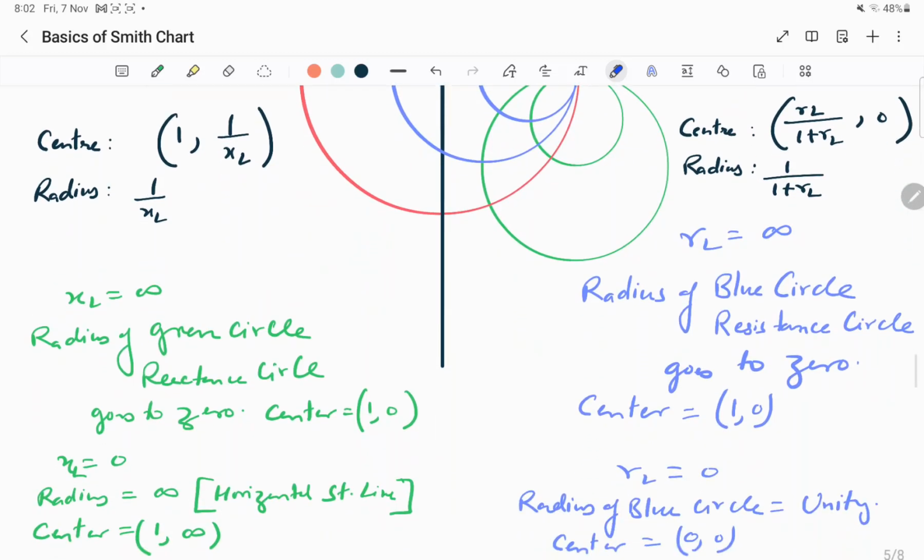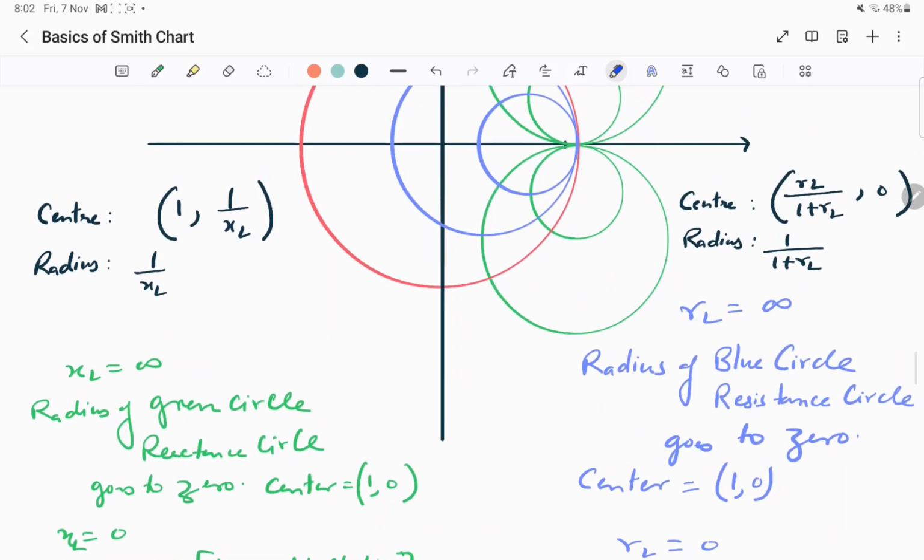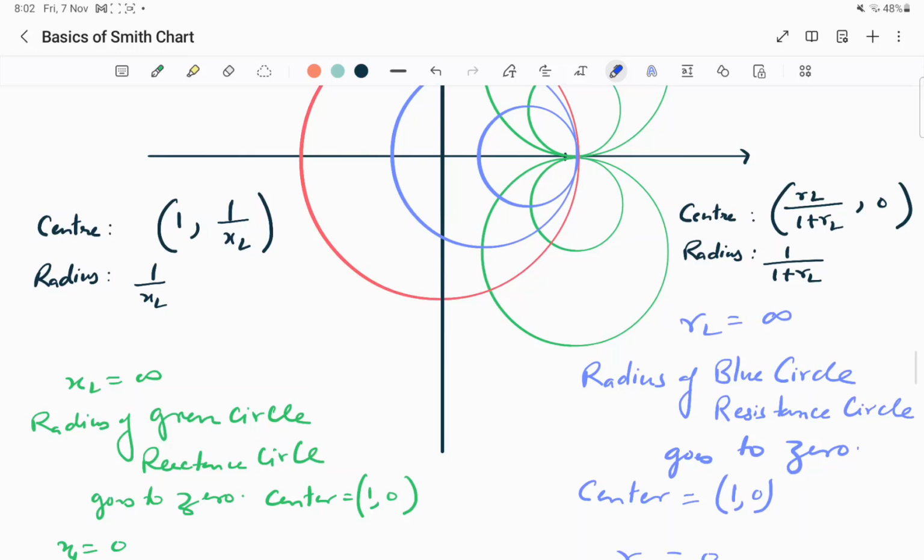So when you substitute RL equal to infinity, the radius of the blue circle goes to 0, and the center is at 1 comma 0. Okay, that means when the load resistance is infinite, the center of the circle is at 1 comma 0, which is at this point, and the radius of the circle becomes 0, that is, it just becomes a point.